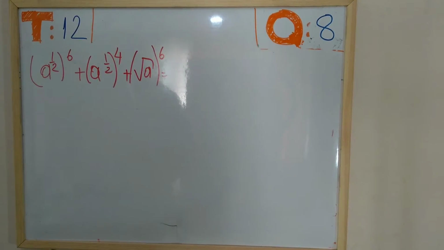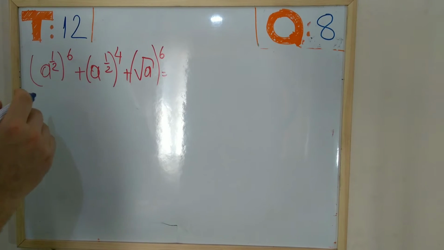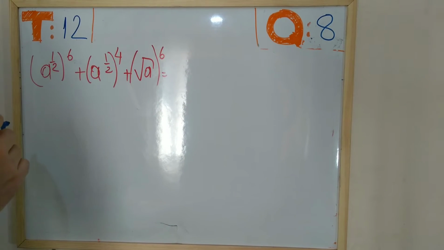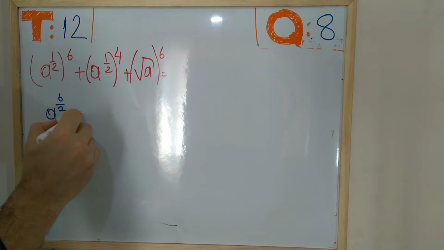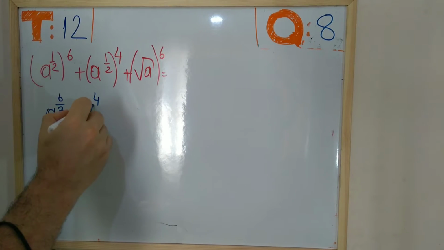Here's my next question. Let's simplify it down. First, this is going to be a to the 6 over 2. This is going to be a to the 4 over 2.